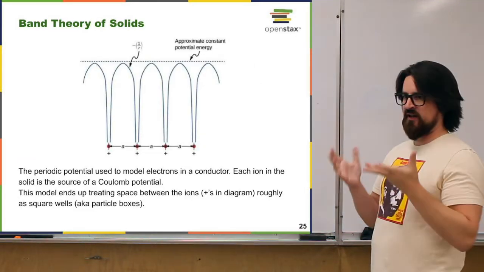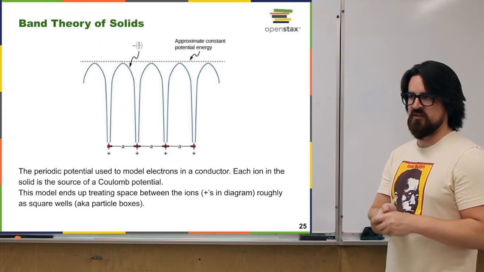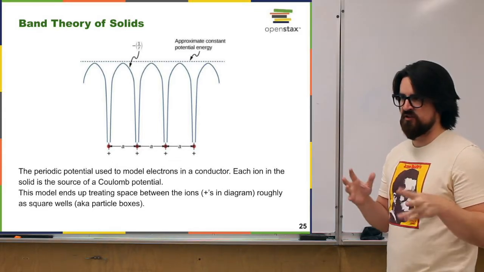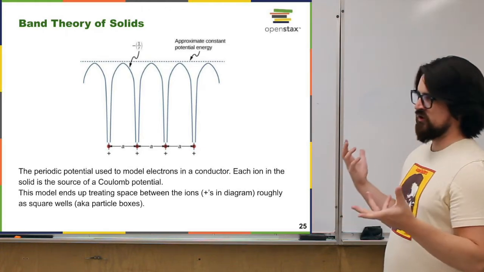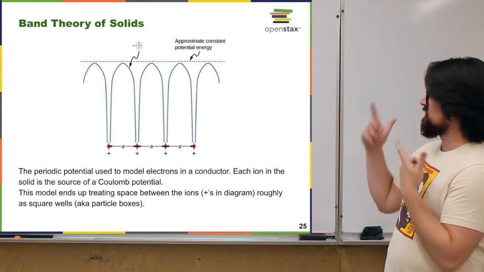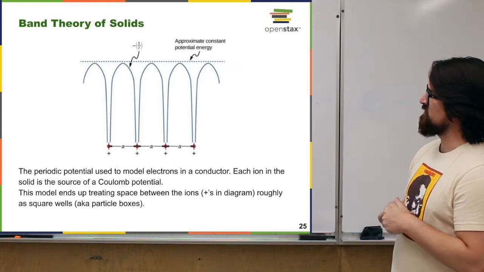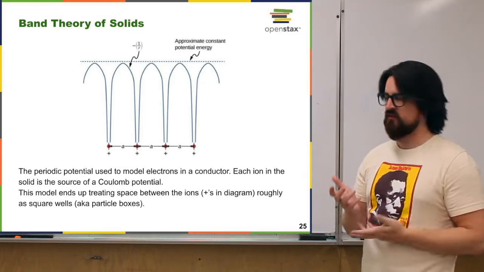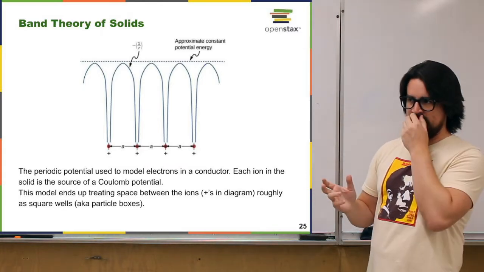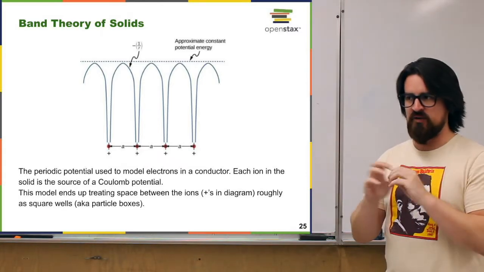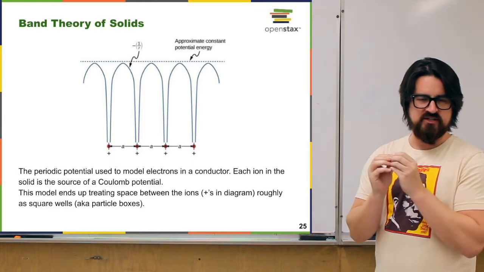To get at why metals end up being good conductors, and other materials are good insulators, or these things called semiconductors, we need a bit more in our understanding of these energy levels, and that comes down to what's known as the band theory. Again, complicated, but simply, the band theory starts to treat crystals as essentially a bunch of three-dimensional square wells all next to each other.